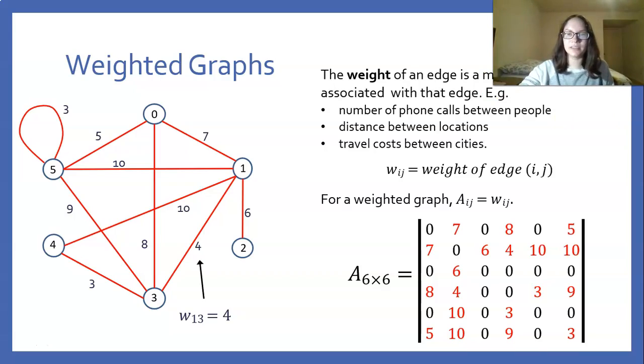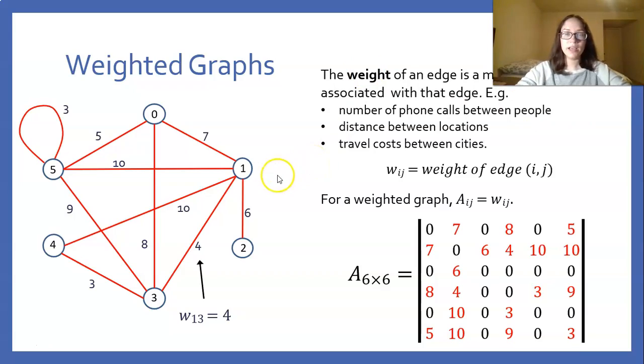But another topic under graph theory to learn about with graphs is the weight of an edge in a weighted graph. So the weight of an edge is some meaningful number associated with that edge. So I've got some examples here.